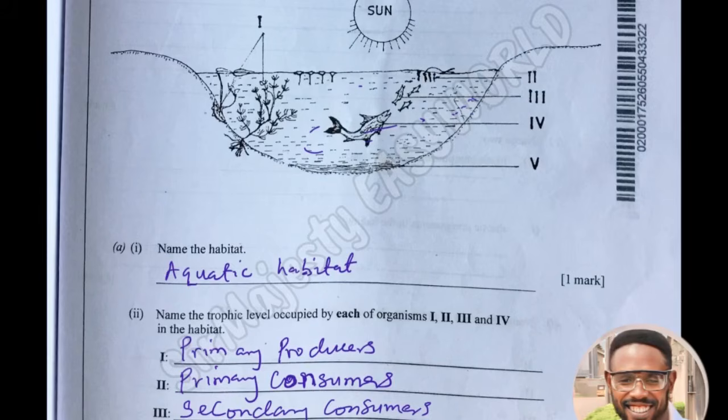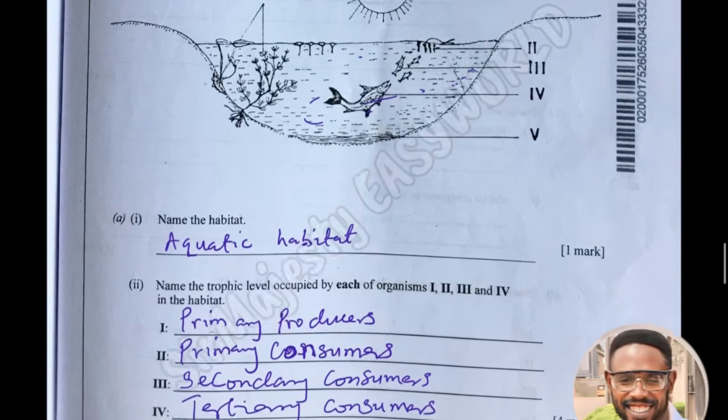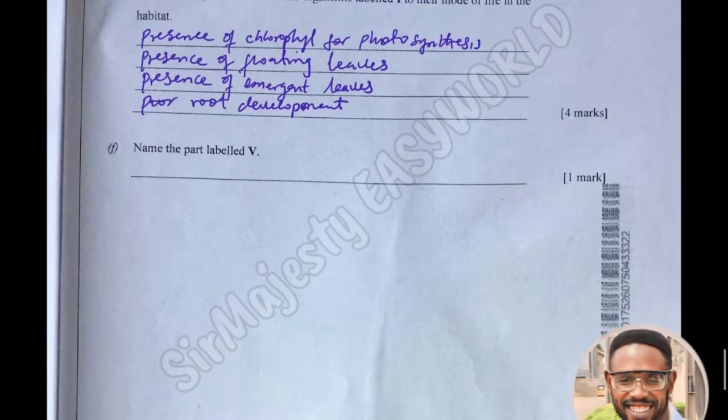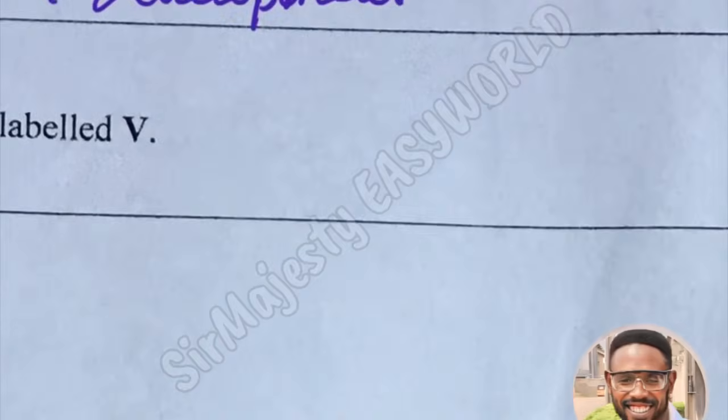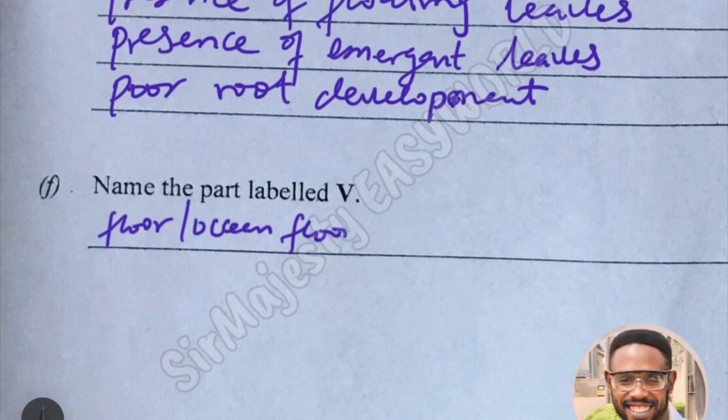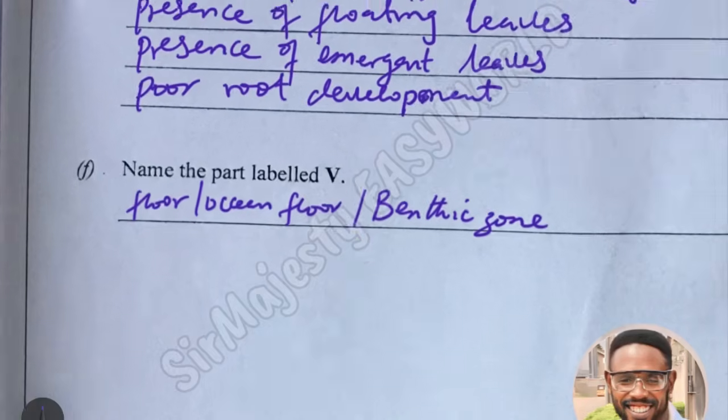Then the floor should be the benthic zone. We have other zones, like the littoral zone, but it's not required that we talk about them here. So to maximize the mark here, just say the bottom, the floor, or the water floor or ocean floor, or you can say the benthic zone. The benthic zone. So that's it.